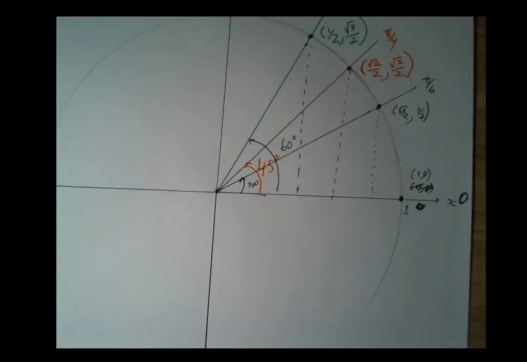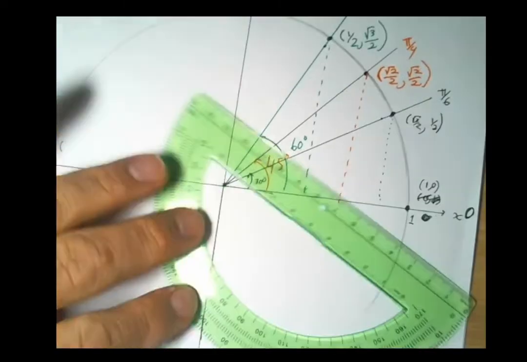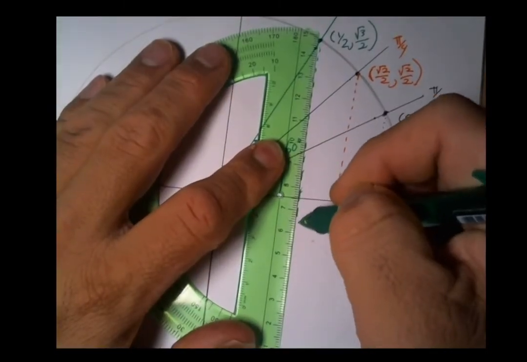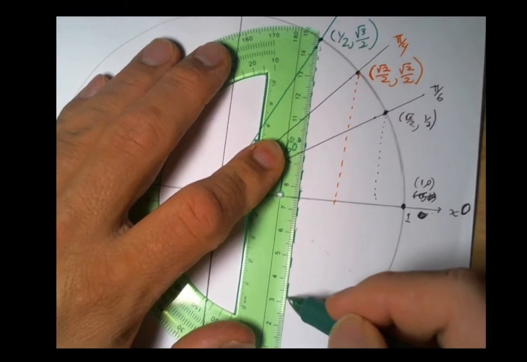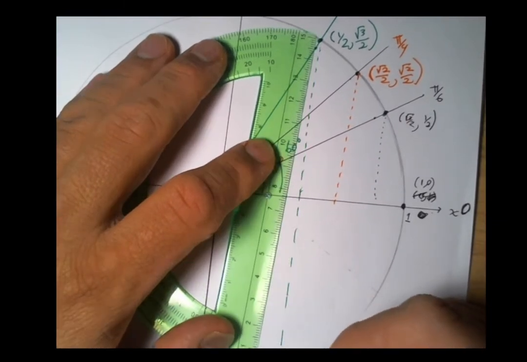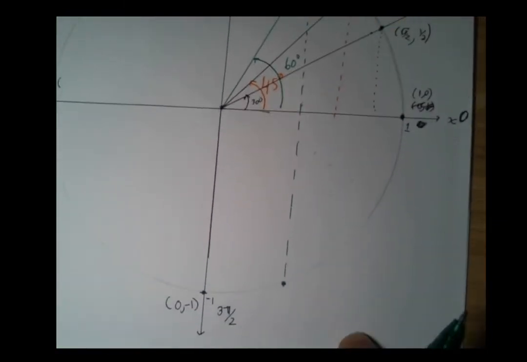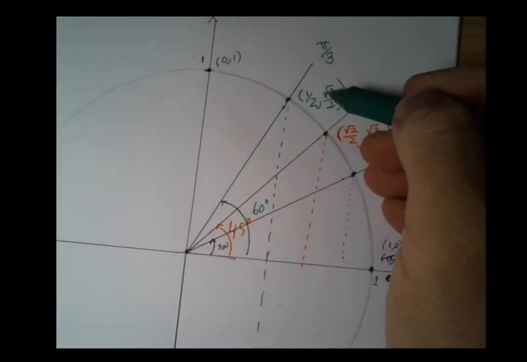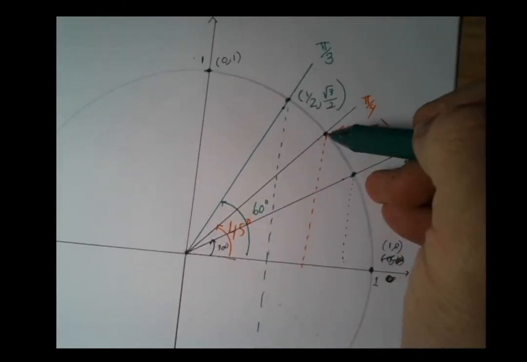For instance, this point down here is a reflection of 1/2, root 3 over 2.